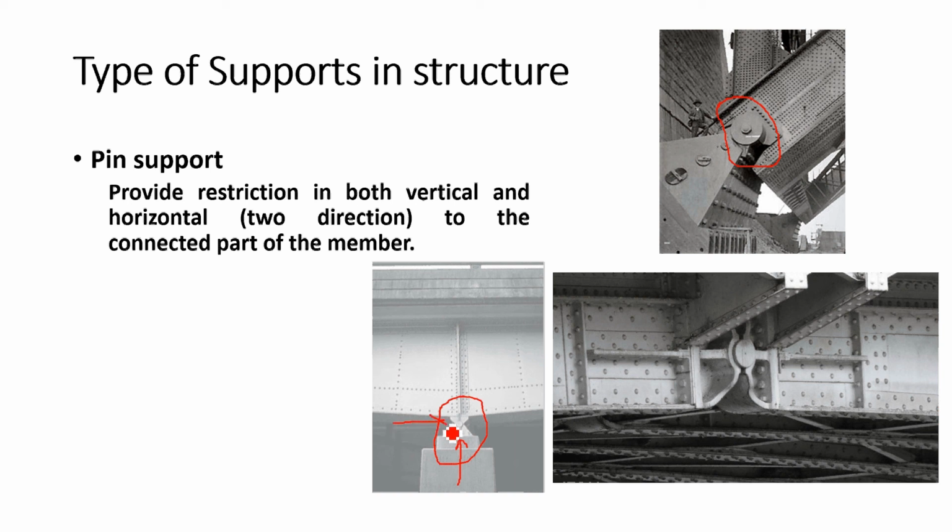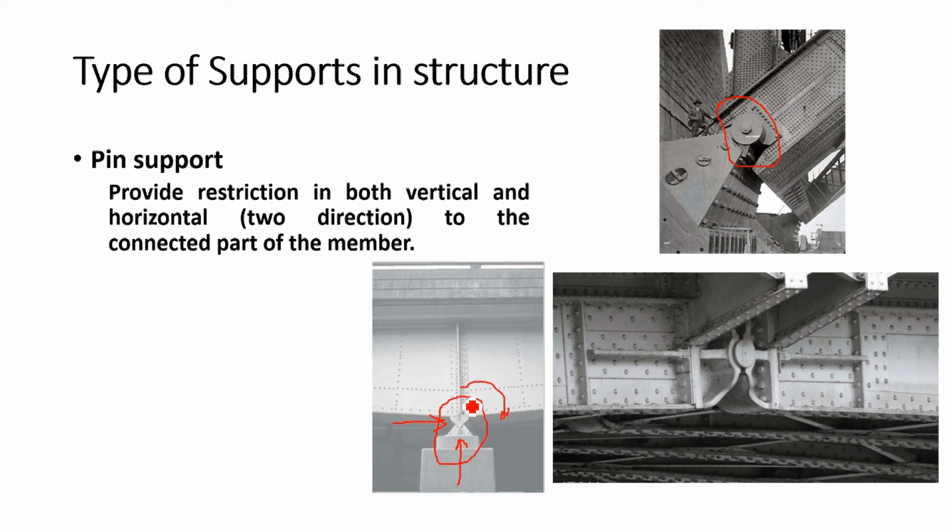If you provide any horizontal load, the support also gives horizontal restriction. But in your roller case, it protects only the vertical movement, not horizontal. Right? It's very important. Another thing is that this structure never provides any restriction for rotations. Your member can rotate.